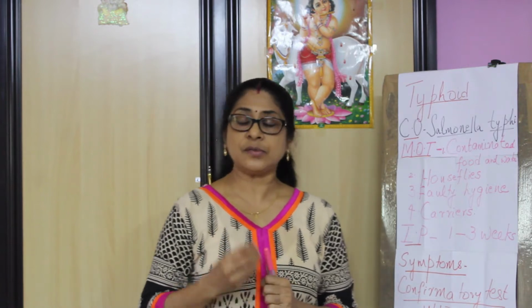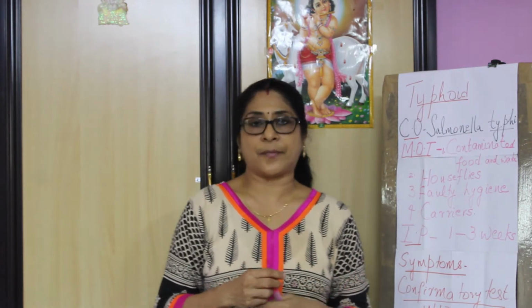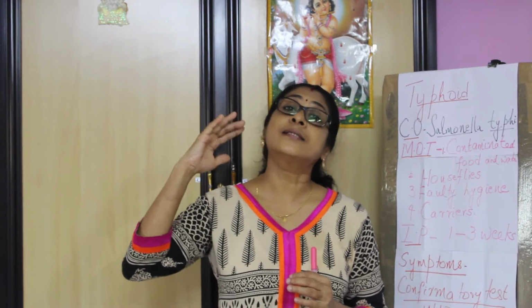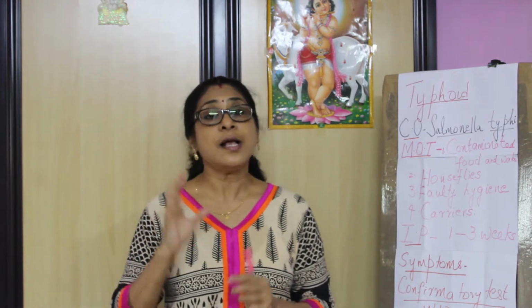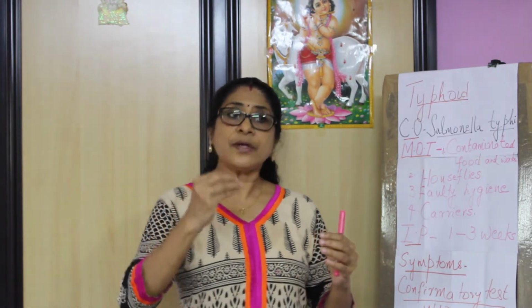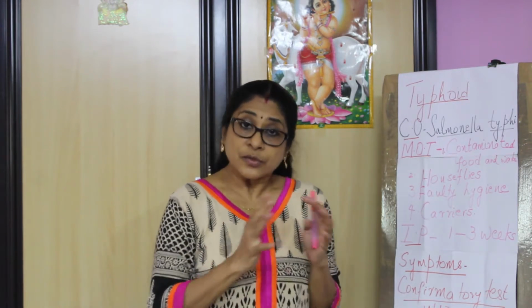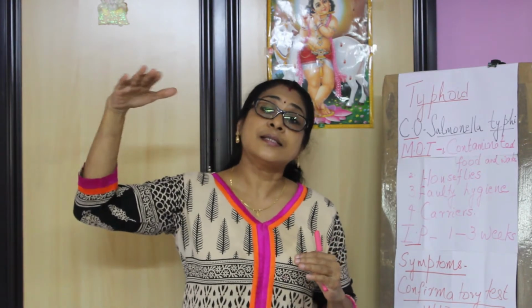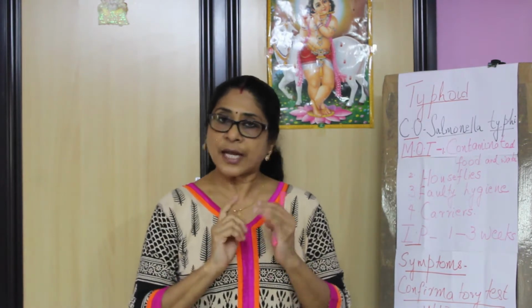When lysis happens, toxins are released from the pathogen, and these toxins cause weakness in the patient as well as high and sustained fever. The fever of almost 39 to 40 degrees Celsius is sustained. Even when you take antipyretics like paracetamol, the fever does not go down. So that is a very classical symptom of typhoid, where there is high and sustained fever of almost 39 to 40 degrees Celsius. So that is the second symptom.